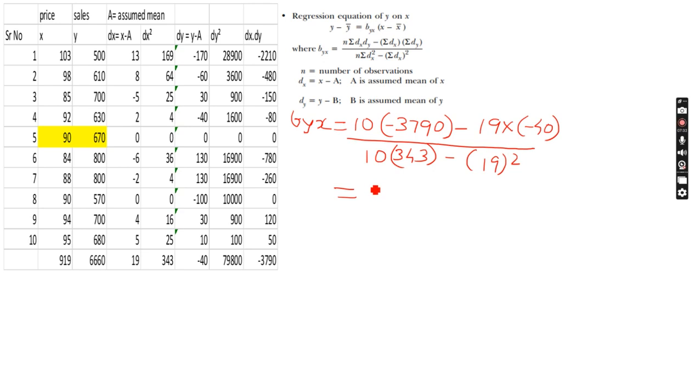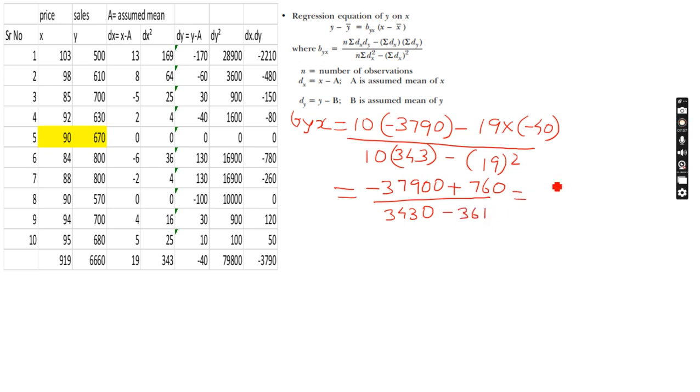So I do bracket open. 10 into minus 3790 is minus 37,900, and minus 19 into minus 40 is plus 760, divided by 3430, that is 343 into 10, and 19 square is 361, so minus 361.